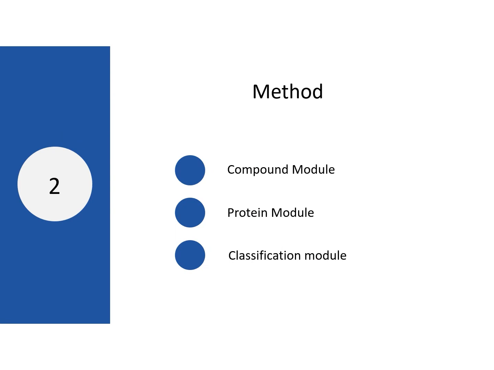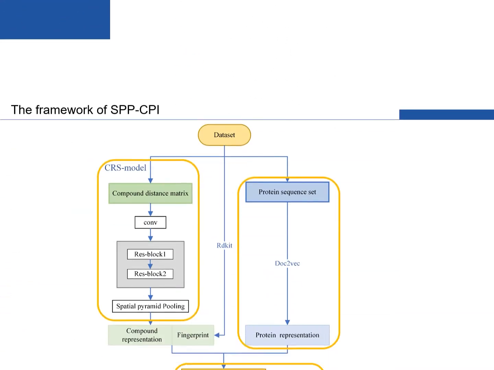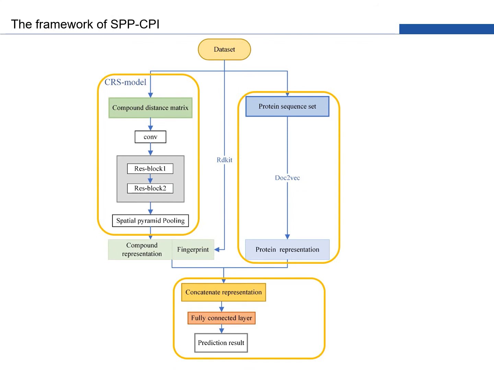Next, I'll introduce our method. It consists of three parts: compound, protein, and classification module. This figure is the overall architecture of the model, which can be divided into three parts: the feature extraction of compound and protein, and the classifier part.